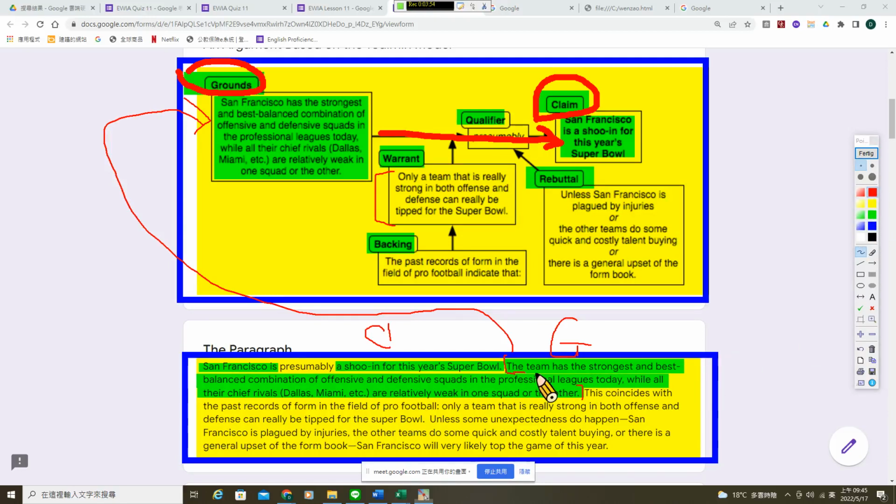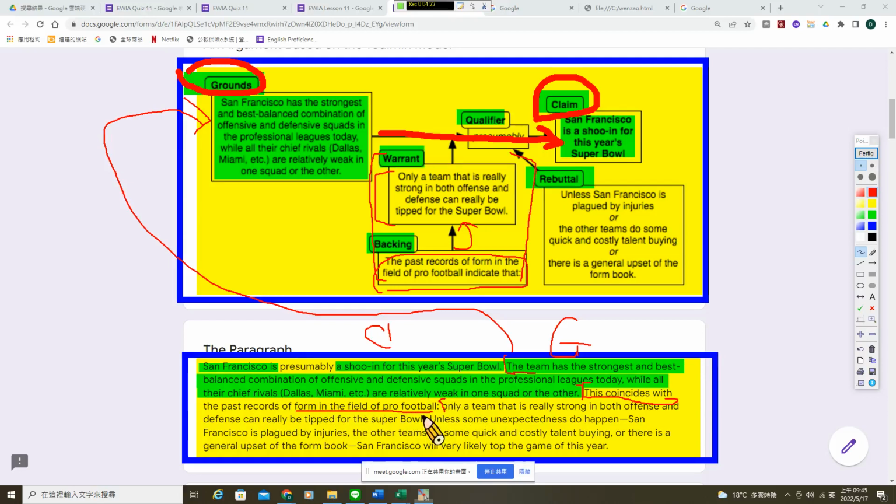This coincides with the past records of the teams. This is the backing, because this is used to support the warrant, right? So let's see this section appear over here. This coincides with the past records of the teams in the field of pro football.